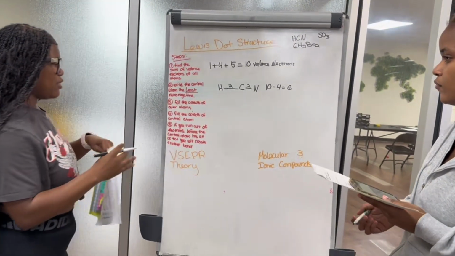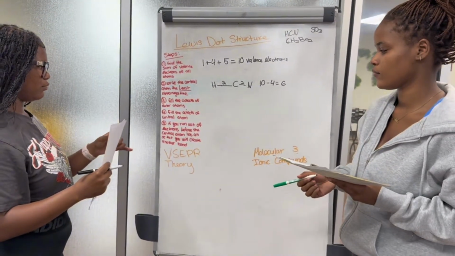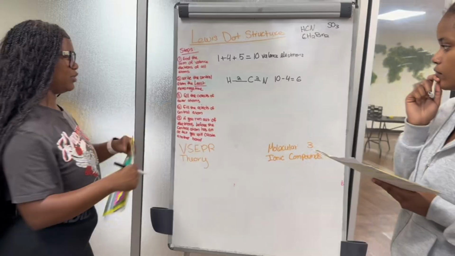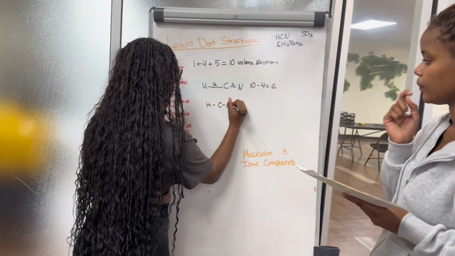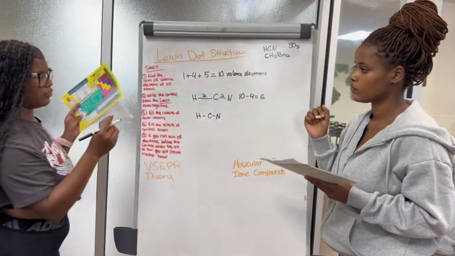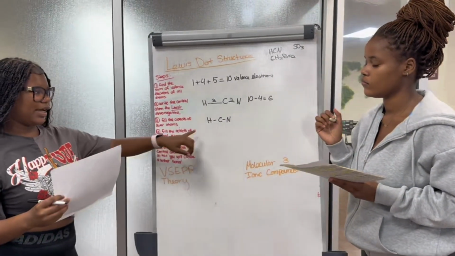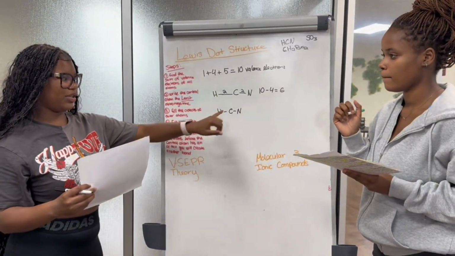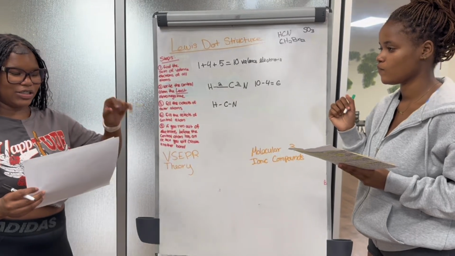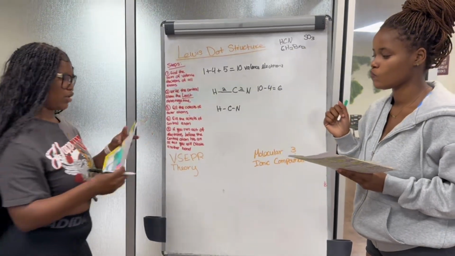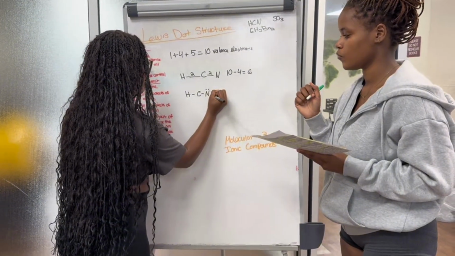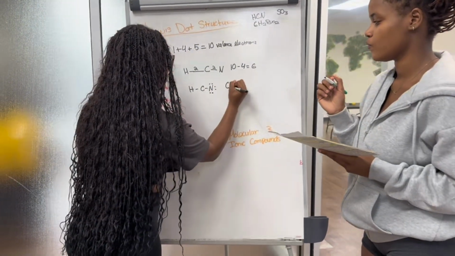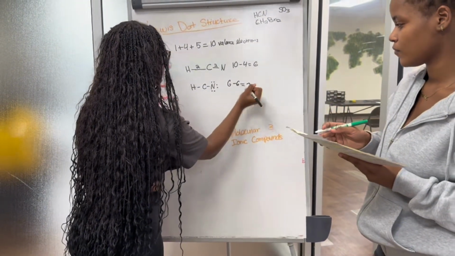So now you would fill the outer octets of the atoms: hydrogen, carbon, nitrogen. Hydrogen only gets the 2 because it only has 1 electron. So you would fill nitrogen 1, 2, 3, 4, 5, 6. So 6 minus 6 gives us 0.